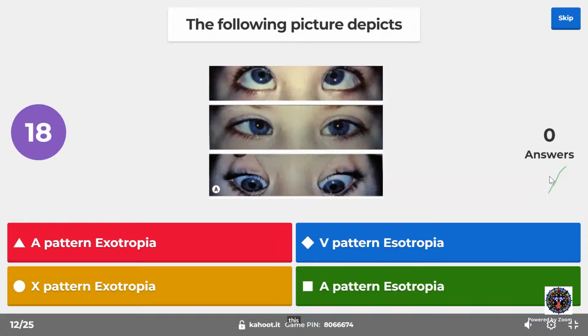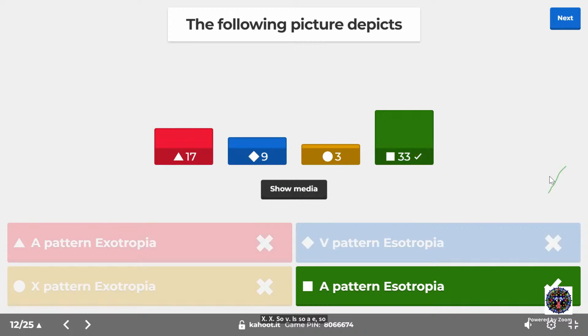The following picture depicts a pattern strabismus. Please see the picture carefully. Kindly identify whether it is A exo, V exo, V eso, or A eso. Perfect. A eso.